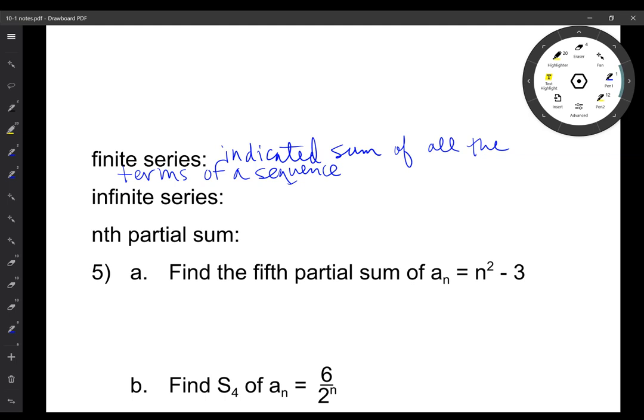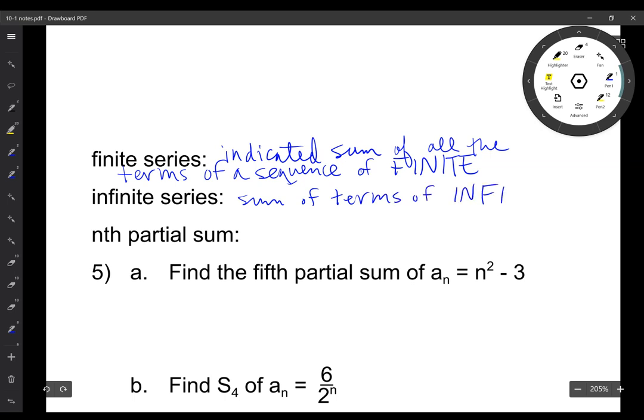So series is the indicated sum, but if it's finite, it's of a finite sequence. I needed to have the word finite in there. So infinite is going to be the sum of terms of an infinite sequence, which might be weird, right? How can we add something up if it's infinite?